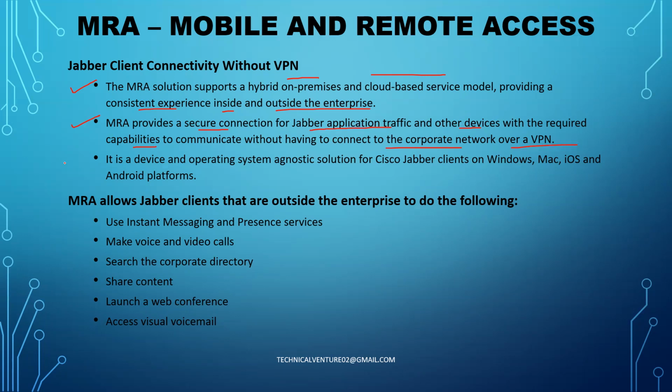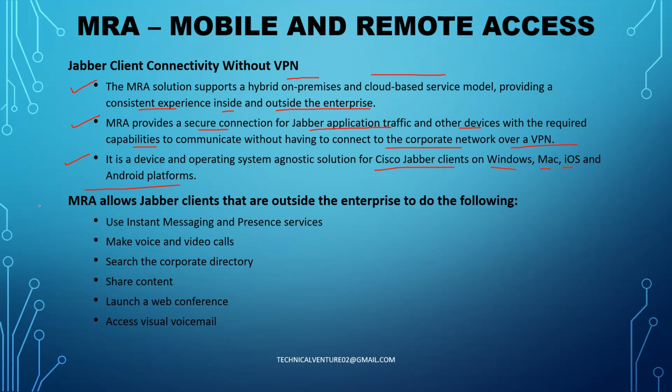Another thing is it is a device and operating system agnostic solution for Cisco Jabber client on Windows, Mac, iOS, and Android platforms. So this MRA will work whether the Cisco Jabber client is on Windows, Mac, iOS, or Android phones.